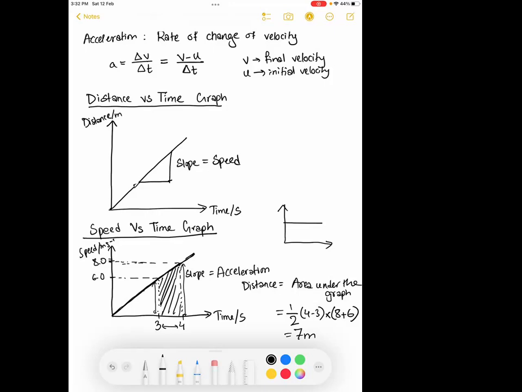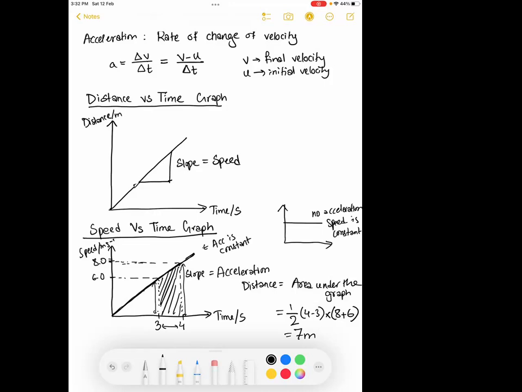It means that there is no acceleration. That is, the speed is not changing, speed is constant. Our other graph is showing that acceleration is constant, so the speed is increasing at a steady rate.